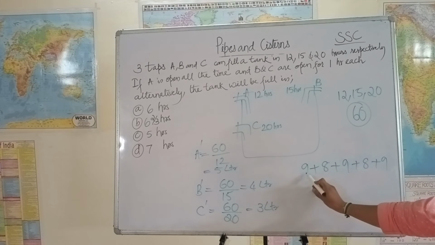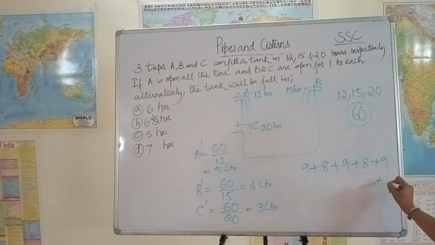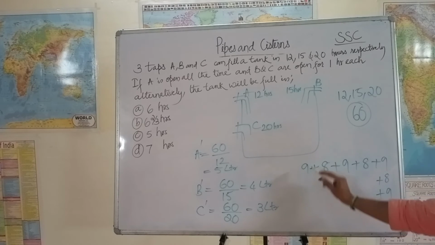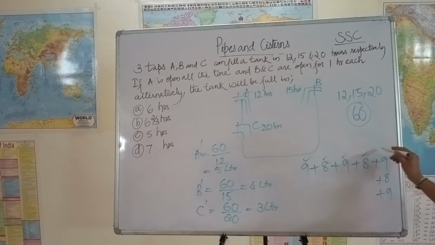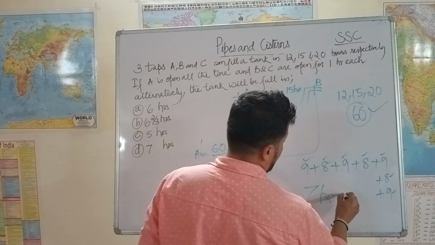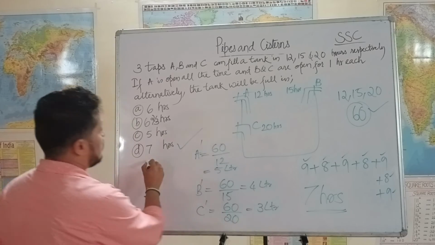So 9 plus 8 is 17, and 17, 3 times is 51. Next is 9, 51 plus 9 is 60. So in the seventh hour, 60 will be full. The total needed is 7 hours to complete the work. So option B, 7 hours, is the right answer.